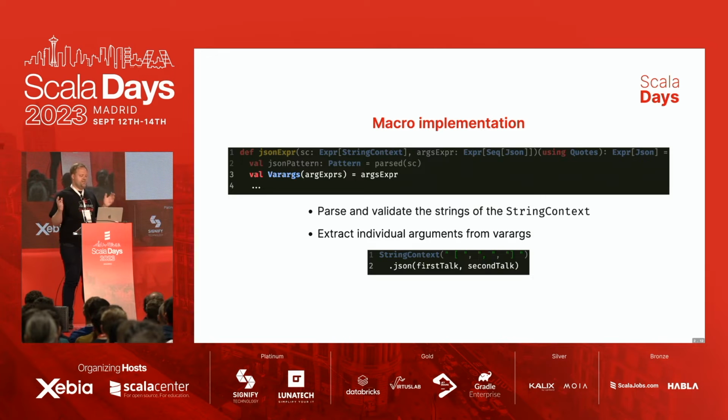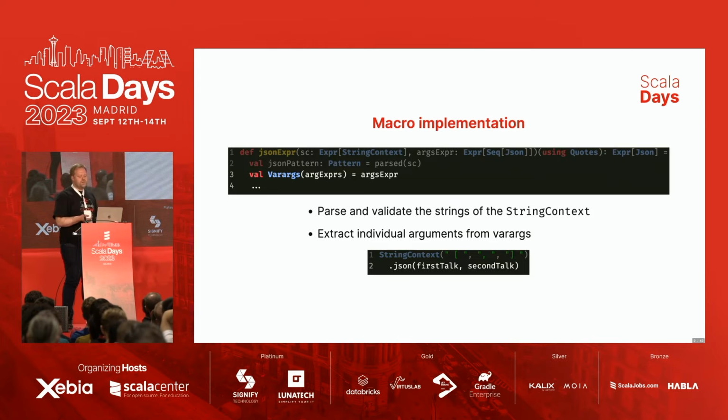Next, we want to take this varargs, convert this expression of a sequence of JSON, and figure out each individual expression, splitting this Expr of Seq of JSON into a sequence of expressions of JSON. And for that, we have this extractor Varargs. Here I'm using a val pattern rather than a pattern match, just because it's smaller on the slides.